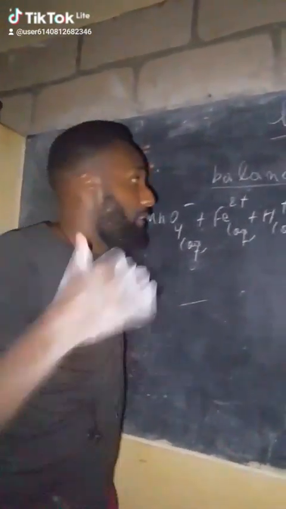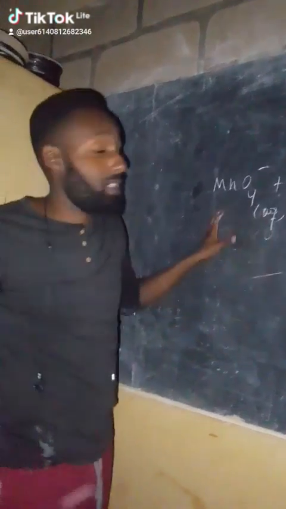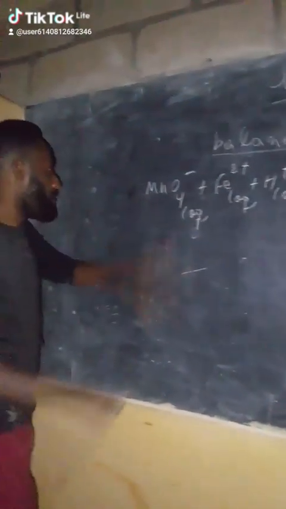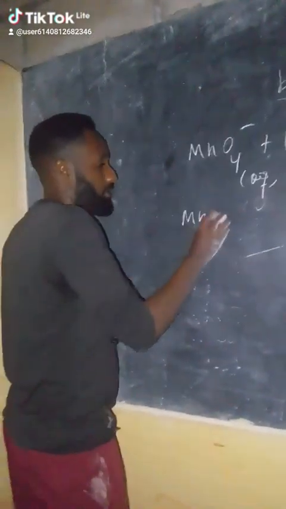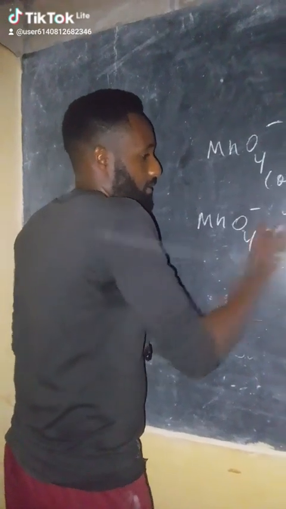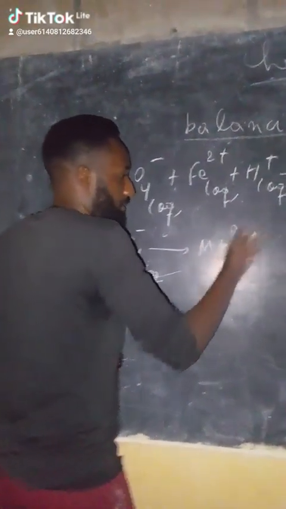So we are going to use what we call a half equation. You could distribute half equation balancing in a chemical equation. The first half equation, we have manganate ions which produce manganese ions.